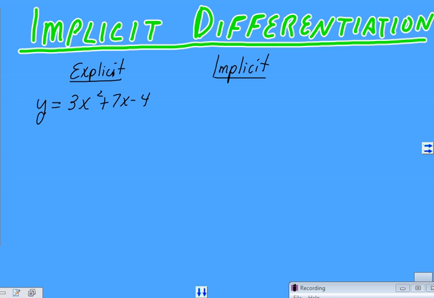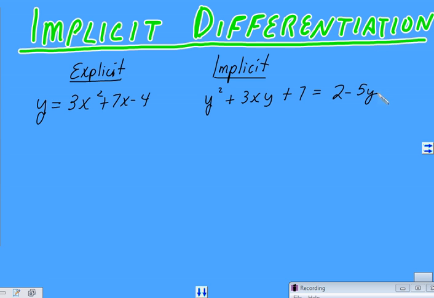An implicit expression would look something like this: y squared plus 3xy plus 7 equals 2 minus 5y. That's an implicit function. You don't clearly know what y equals in terms of x. Algebraically, this would be quite difficult to solve and to even isolate y if we wanted to. So we want to find a derivative here, but we don't have y spelled out for us as to what it equals in terms of x.